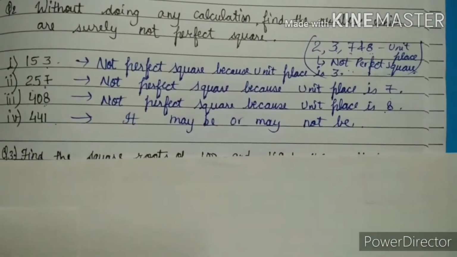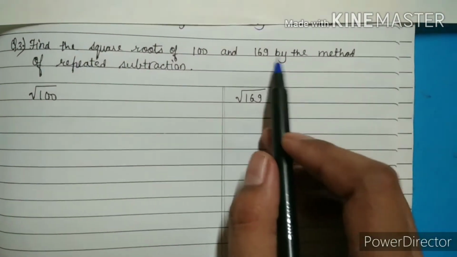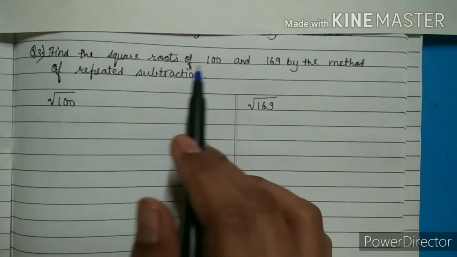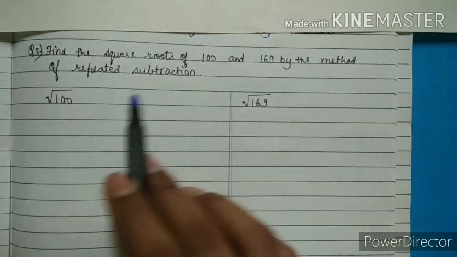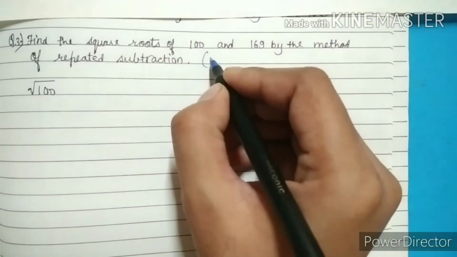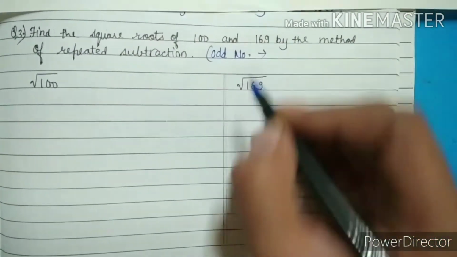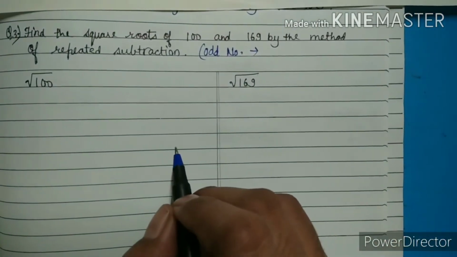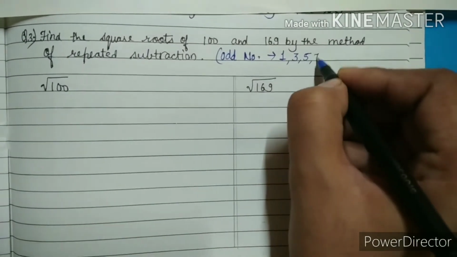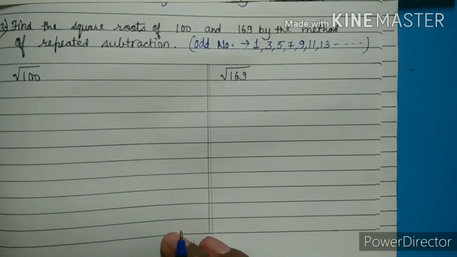Now question number 3 is: find the square root of 100 and 169 by the method of repeated subtraction. In repeated subtraction we only subtract odd numbers: 1, 3, 5, 7, 9, 11, 13 and so on.